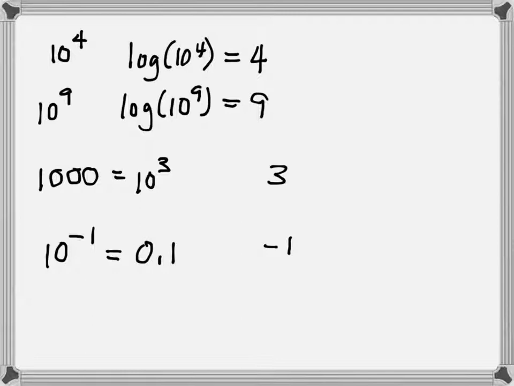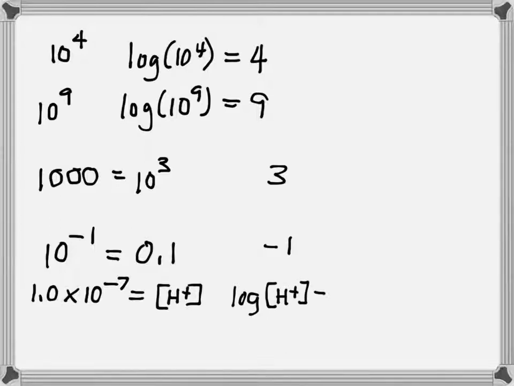Negative numbers are just not so nice to work with. But all these concentrations that we end up with for hydrogen ion concentration, like the concentration of a neutral solution, the hydrogen ion concentration equals 10 to the minus 7. Well, the pH, if we just take the log of that, it's going to be minus 7, right?